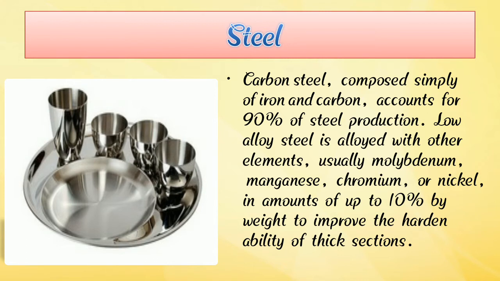Steel is made from iron and carbon, and low alloy steel is alloyed with other elements, usually molybdenum, manganese, chromium or nickel, in amounts of up to 10% by weight to improve the hardenability of thick sections.